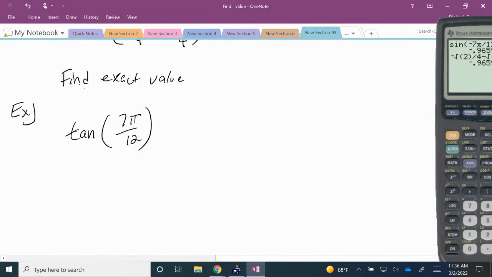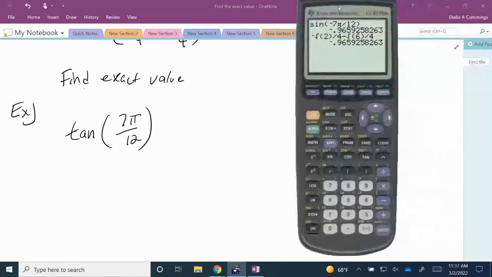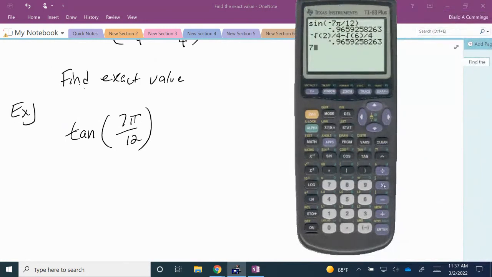Based on the previous problem, if we were to convert that 7 pi over 12 to a degree measure, we would get 105 degrees. It's just 7 times 180 divided by 12. Notice that's the same 105 degrees.